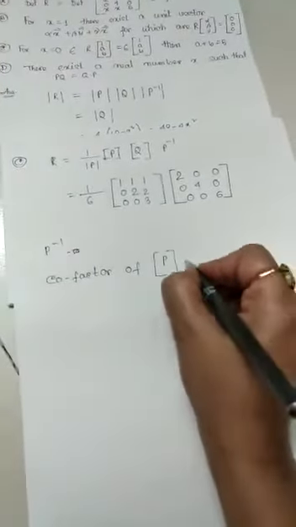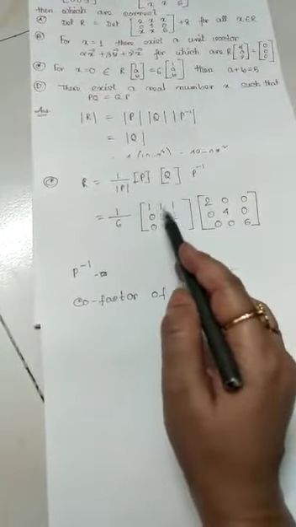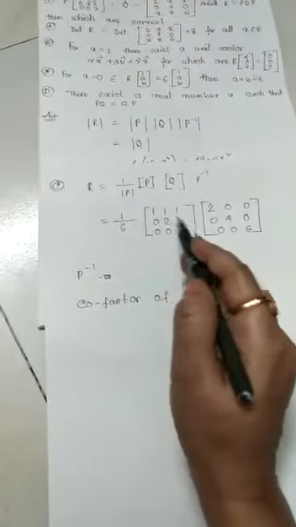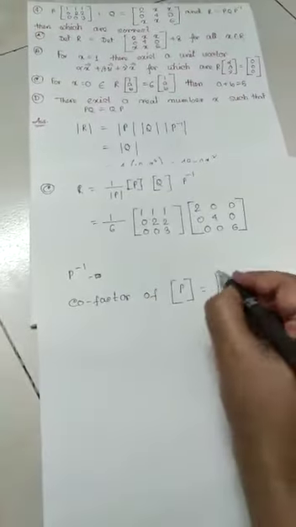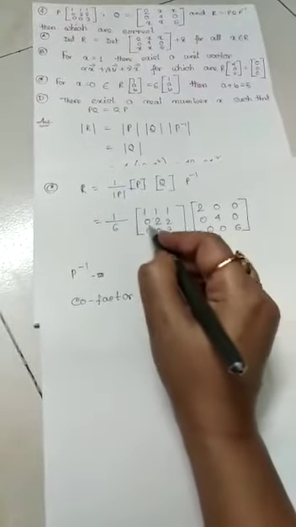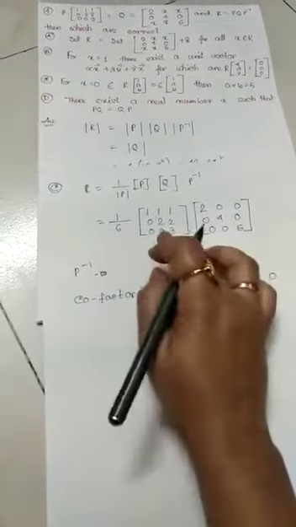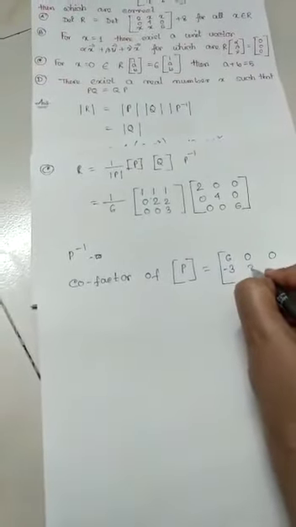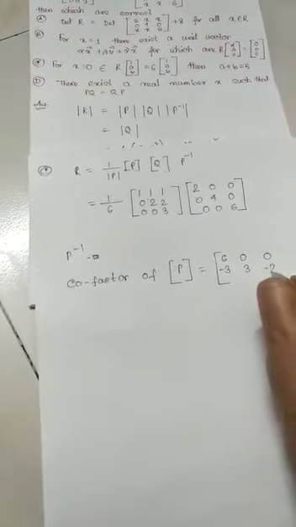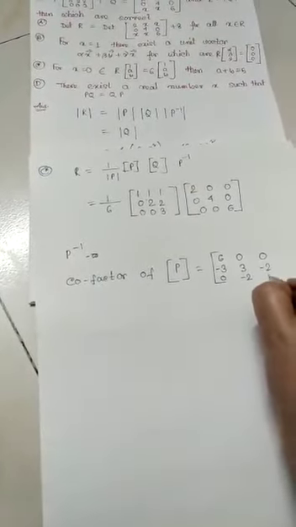The cofactor of matrix P is 6, 0, 0, then with sign changes, -3, 3, 0, and -2, 2.